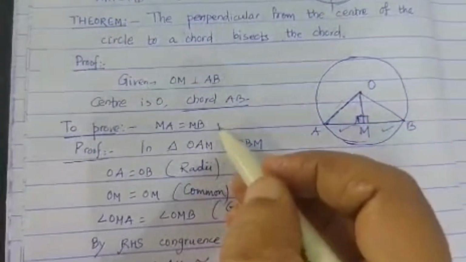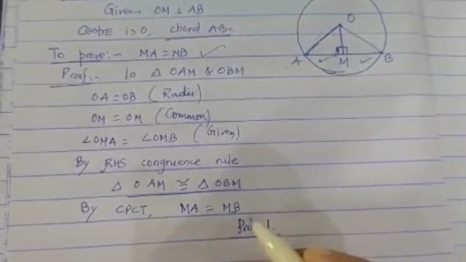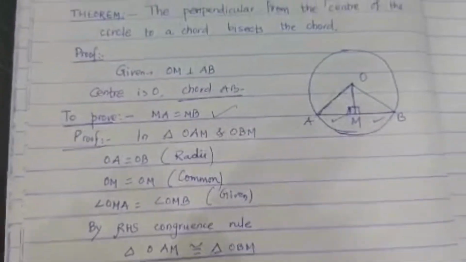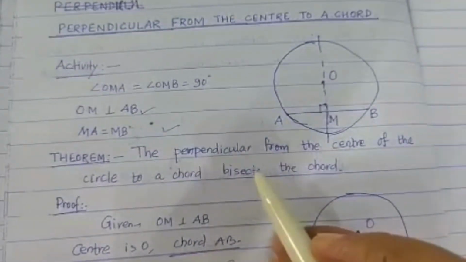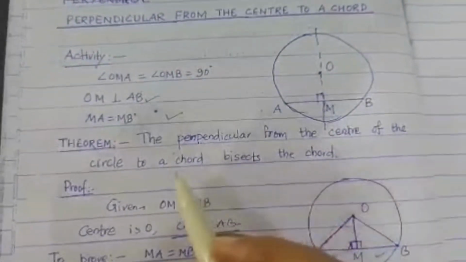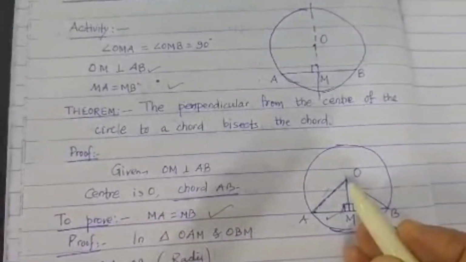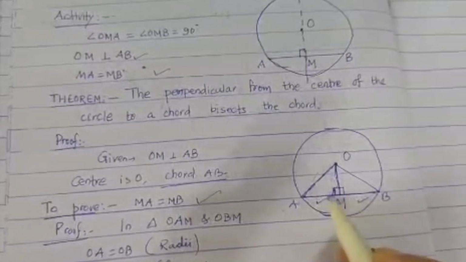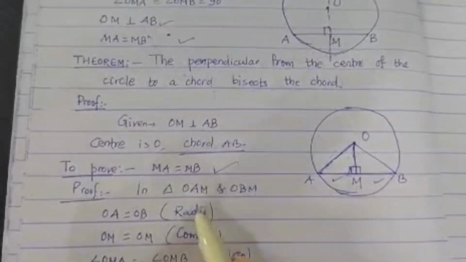MA equal to MB proved by CPCT, corresponding parts of congruent triangles. So basically the theorem is the perpendicular from the center of the circle to a chord bisects the chord. This is the perpendicular from the center of the circle and this is the chord AB. It bisects the chord. That means MA equal to MB, which we have to prove.